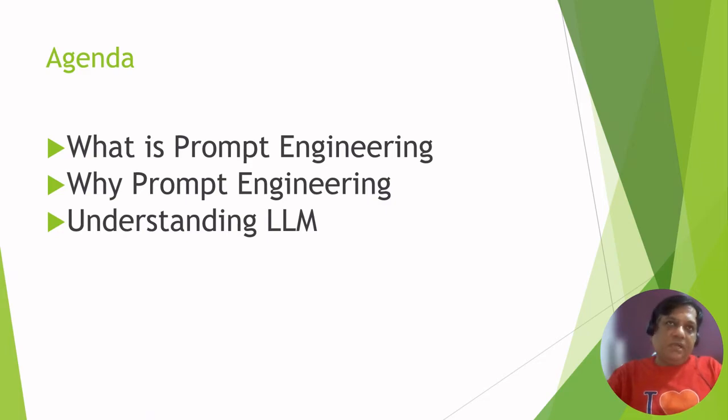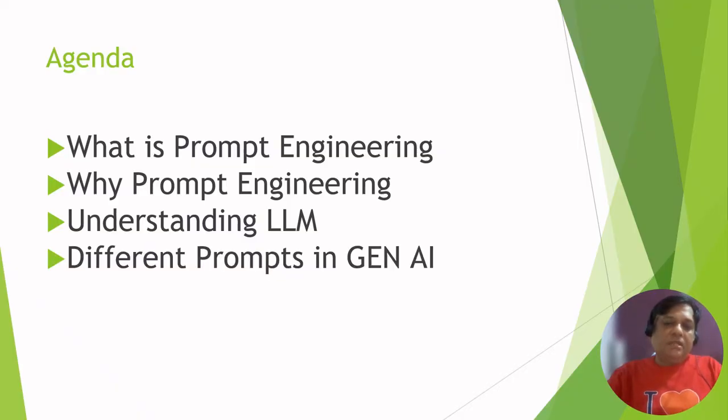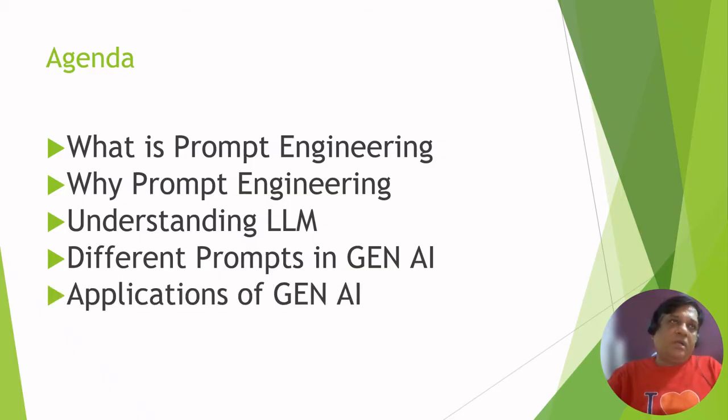We also will understand the LLM, which is very important before we proceed to prompt engineering. Then we will see what are different types of prompts in Gen AI and how they are applied in Gen AI. So how will be covered H, and then conclusion. So let's begin with the introduction.